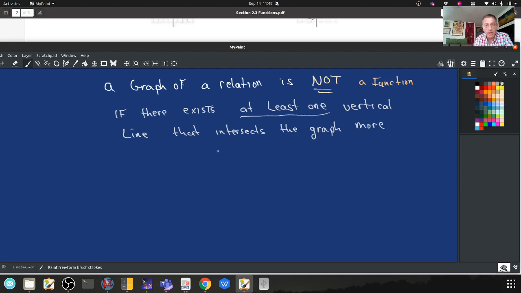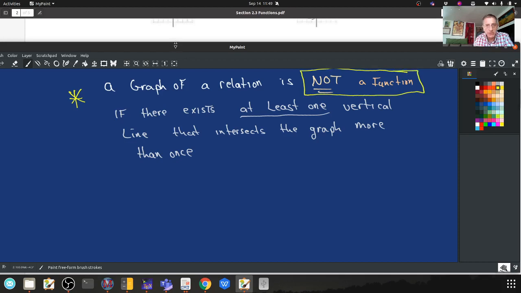So it could be twice, 3 times, 100 times, more than once. And I'm going to suggest that this is actually the test in the definition you use. Just remember, we're testing to see if it's not a function.